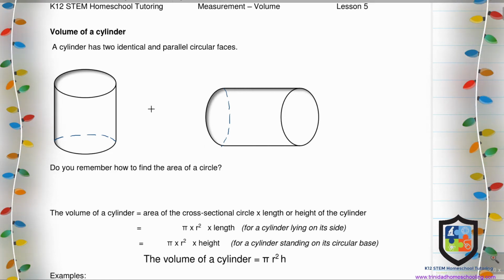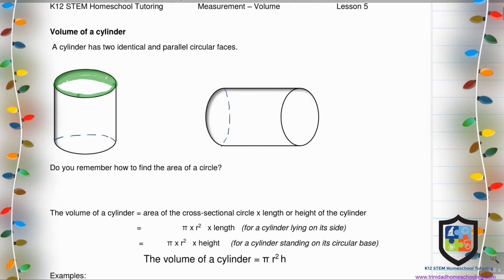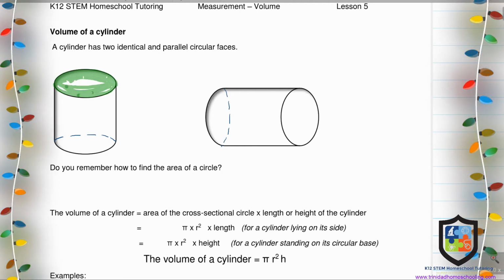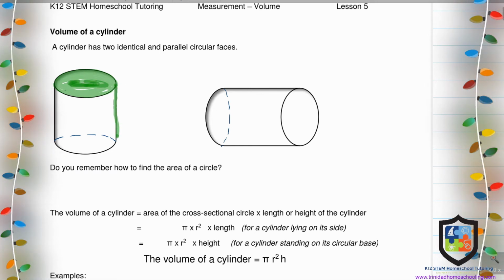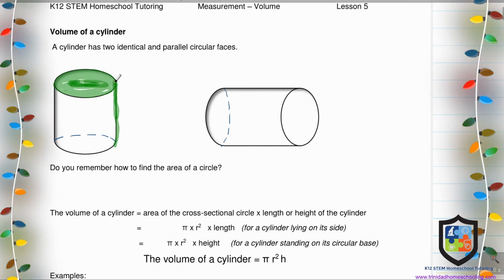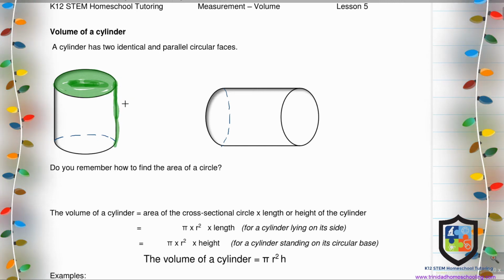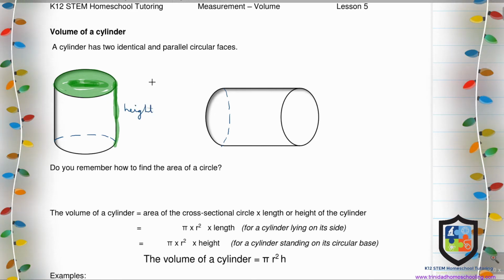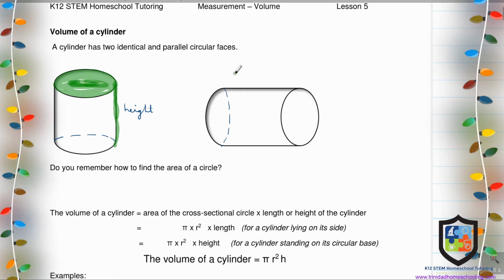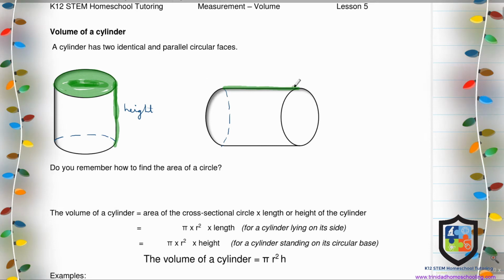Now, to find the volume of a cylinder, we're going to do the same thing as we did for the other prisms, which is to find the area of this surface, right, the cross-sectional surface, and then multiply it by its length. In this case, this is going to be the height. And if the cylinder is lying down, we will have this piece here being called the length.